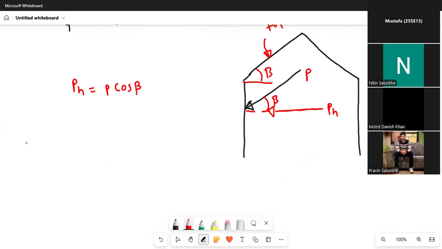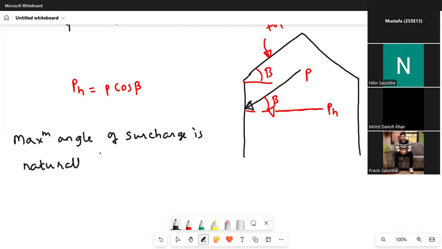So here we have one thing: the maximum angle of surcharge is naturally equal to the angle of repose.